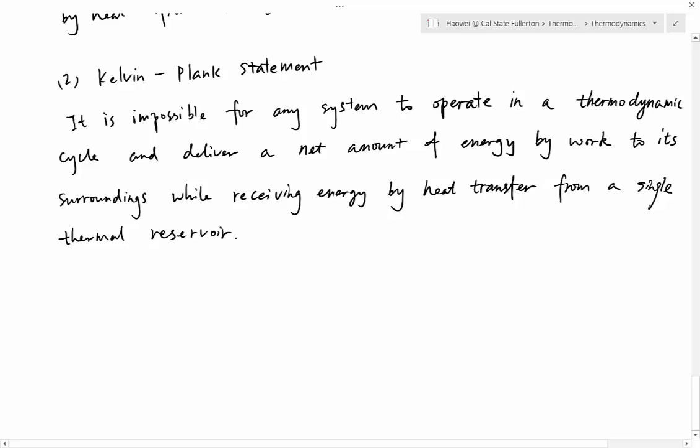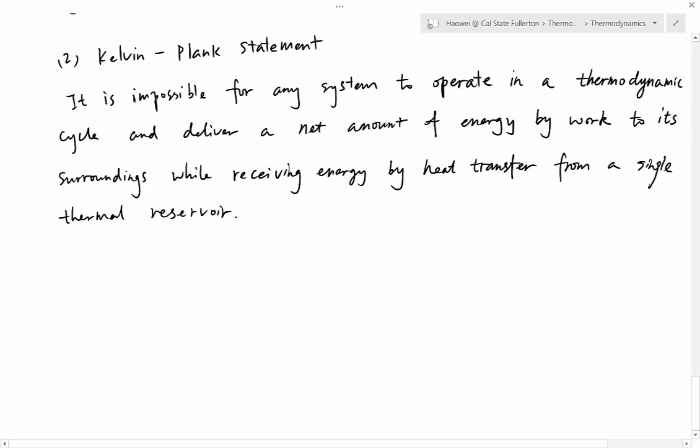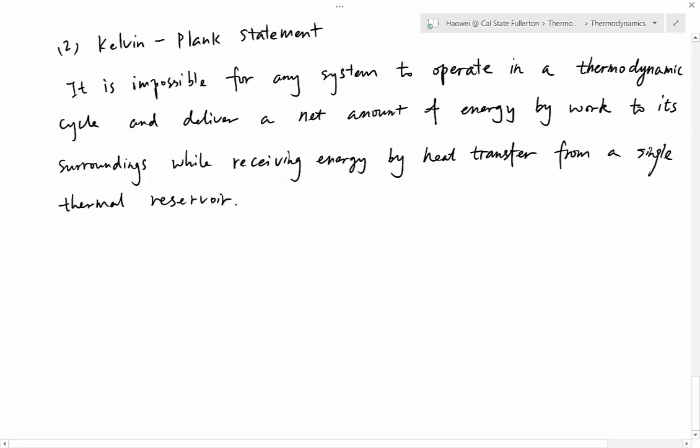This statement seems to be long. We can explain this by one example. Let's recall a power cycle. You can think of the engine in your car as the example. What happens is you burn the gas, so you generate heat. Heat will go inside the engine at a high temperature. We simulate this process as a heat transfer process.